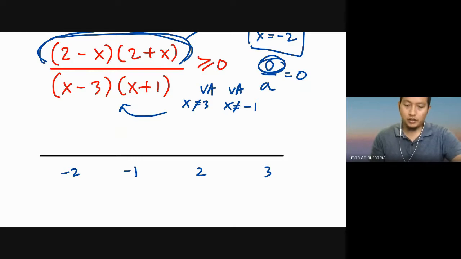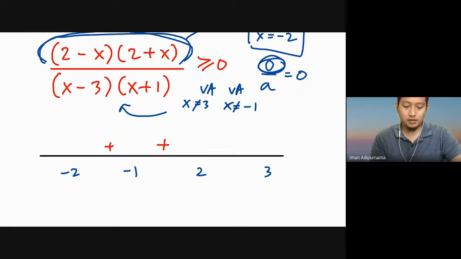Now we are going to check the number line. We maybe check 0, positive. Check maybe negative 3 over 2. I think still positive. Yeah, still positive.